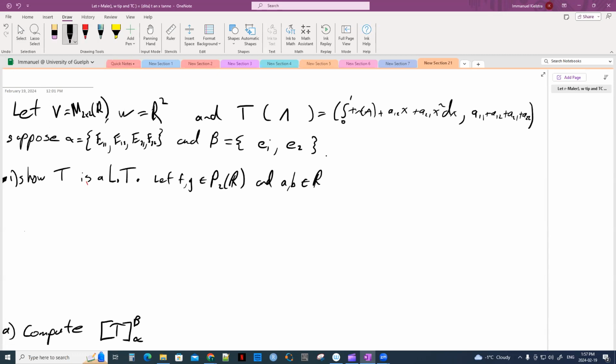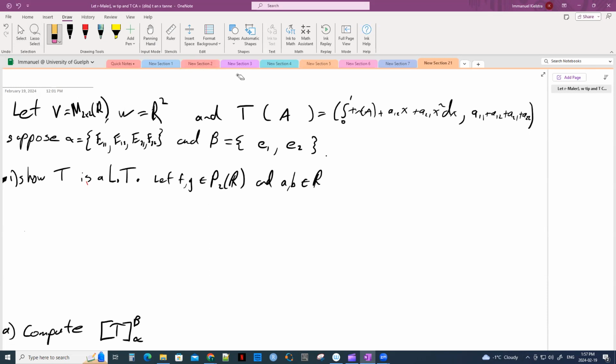And here, the new transformation of A is going to be the integral from 0 to 1 of trace A plus A12x plus A21x squared dx, comma, A11 plus A12 plus A21 plus A22. And this sum here is sometimes referred to as the grand sum. And it has limited uses, but it does have some uses, which is kind of interesting.